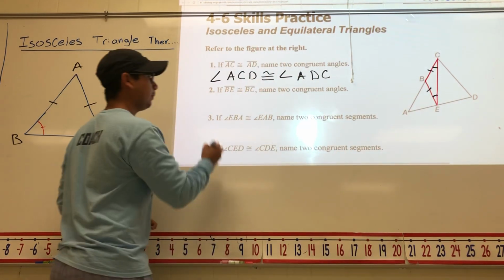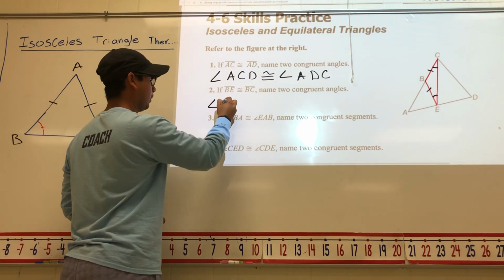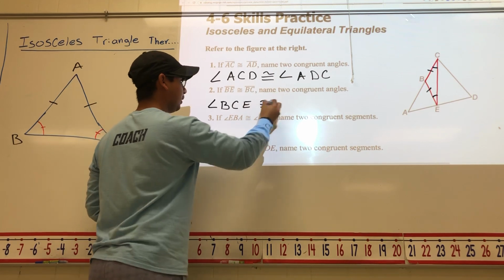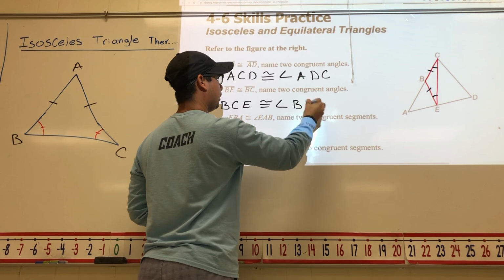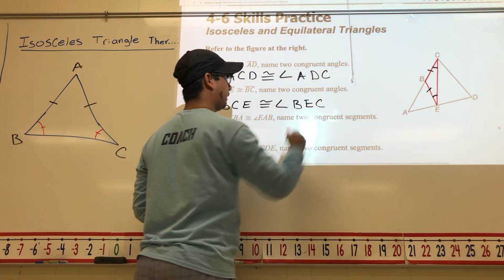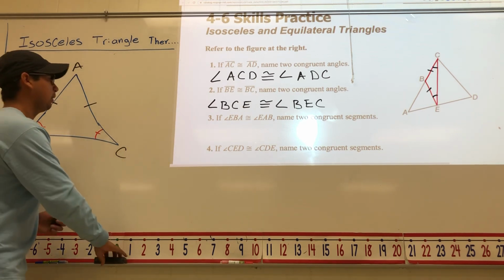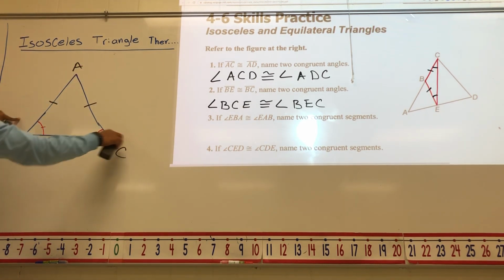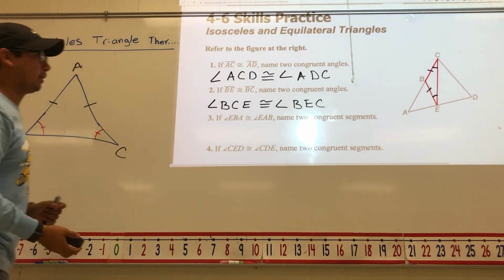So let's write that down. So angle BCE is congruent to angle BEC. Okay, again, very simple, nothing too complicated. Again, all this theorem says is if two sides of a triangle are congruent, that means the two angles are also going to be congruent right there.